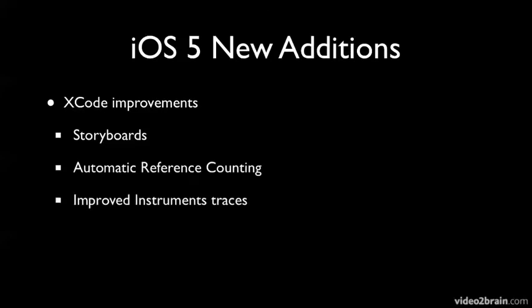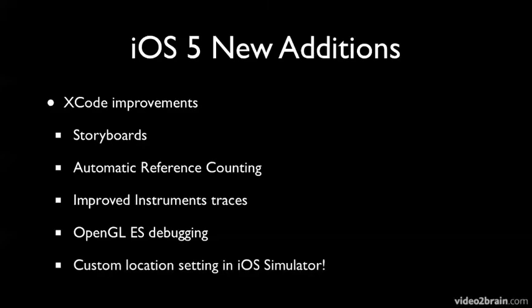Improved Instruments traces will help us to make sure our applications perform better. OpenGL ES debugging has been added for those of you who are into building quite complex animations. And we can now set custom locations in the iOS simulator, extremely useful for when testing MapKit applications.